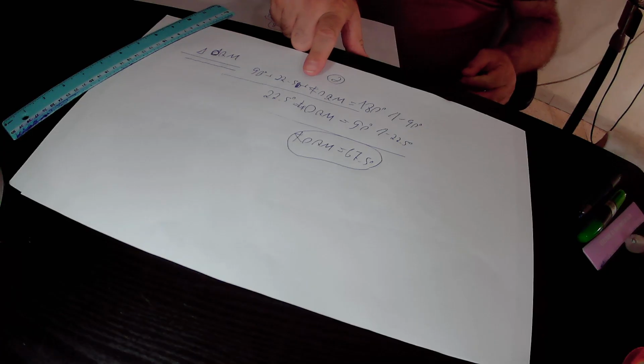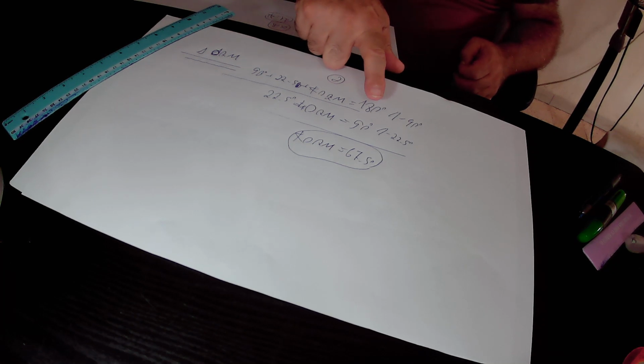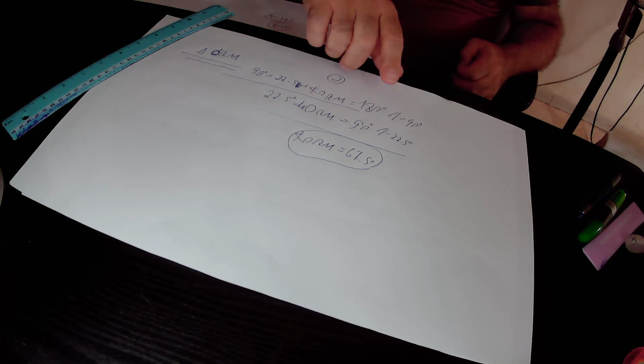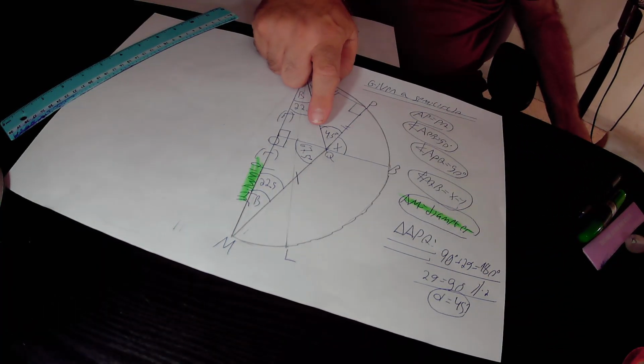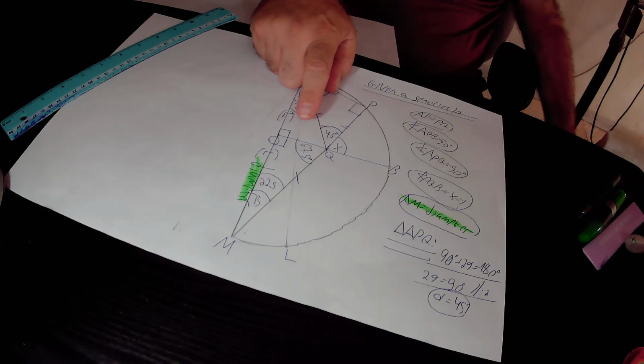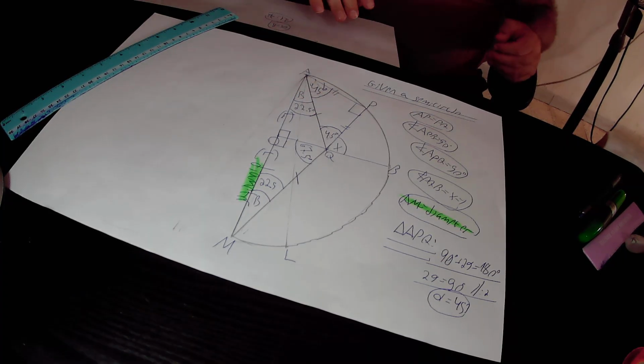Here we subtract 22.5 degrees from this equation, and finally find out that the size of the missing angle OQM equals 90 degrees minus 22.5 degrees, which is 67.5 degrees.